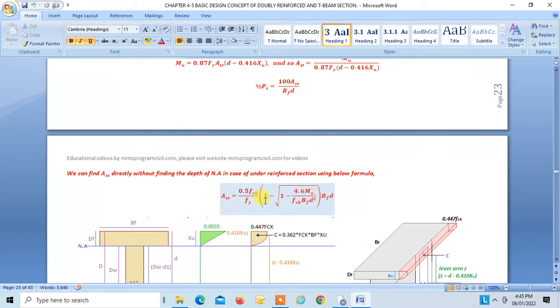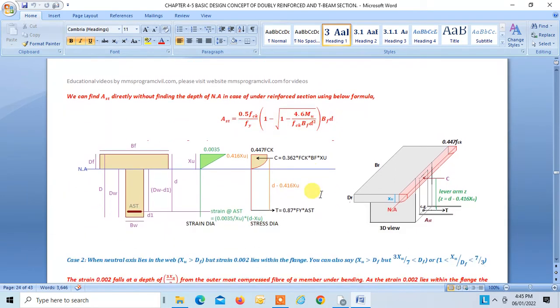This formula is applied to all the rectangular sections which are singly under reinforced. So if the section we design is found to be under reinforced, in this case one, we already know that we have to consider this as a rectangular section, then this formula can be used directly for finding the steel.